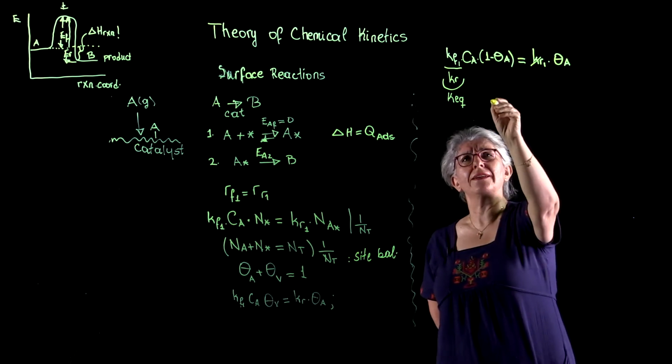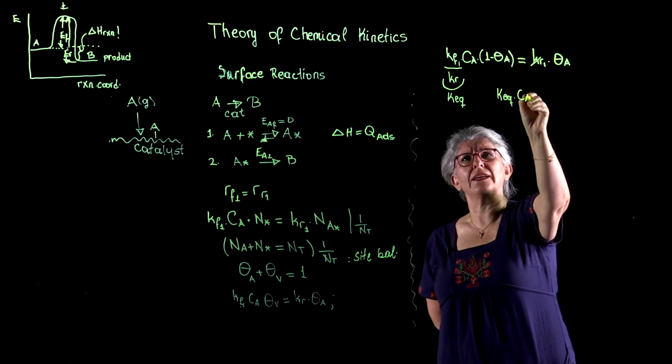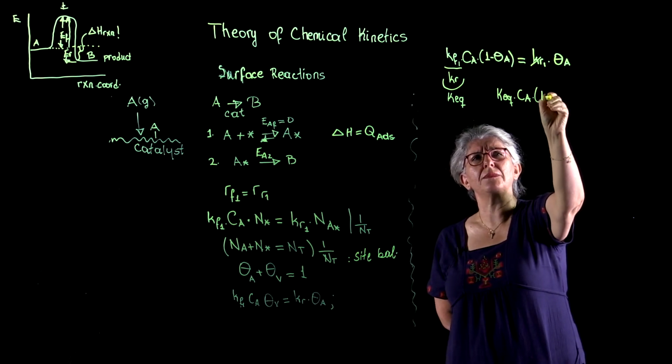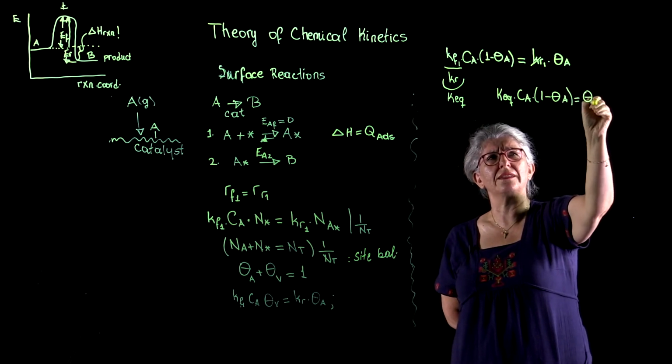So I have K equilibrium times C A times 1 minus theta A to be equal to theta A.